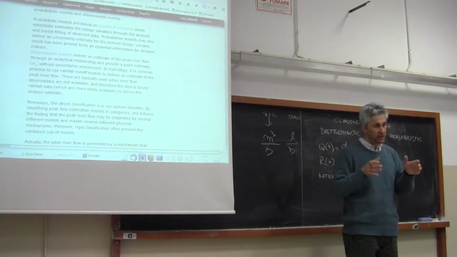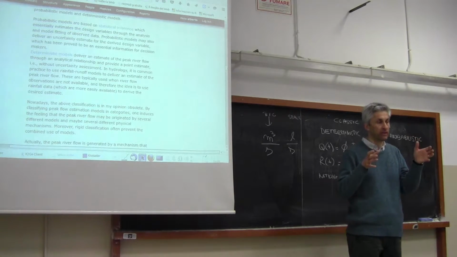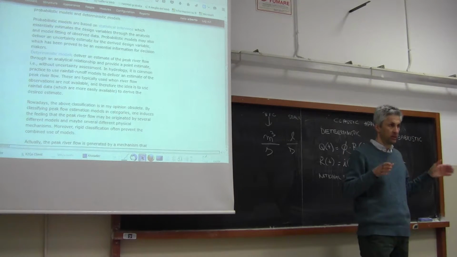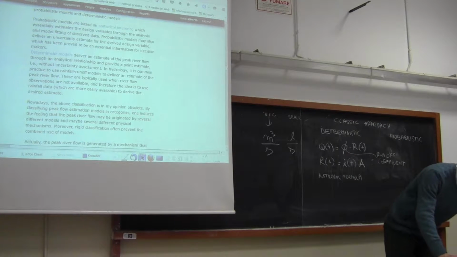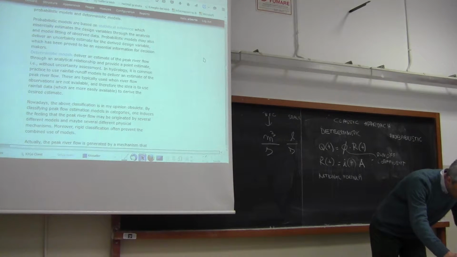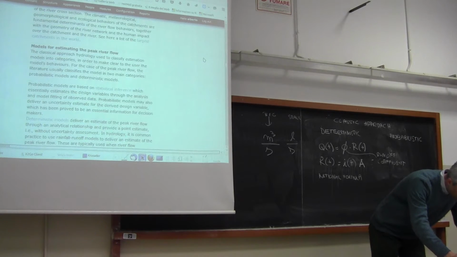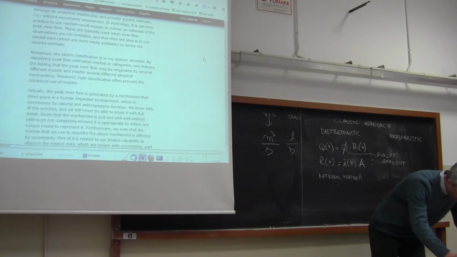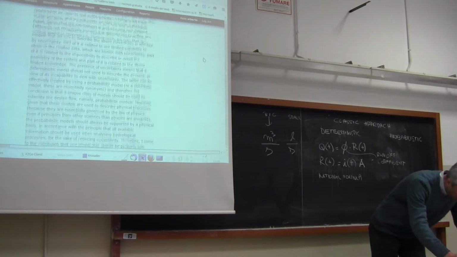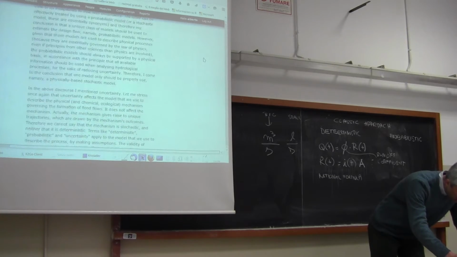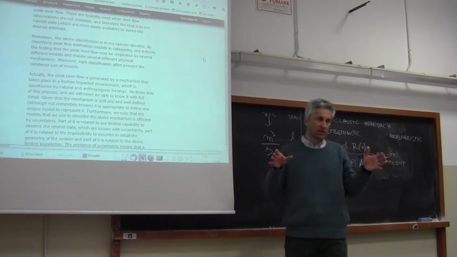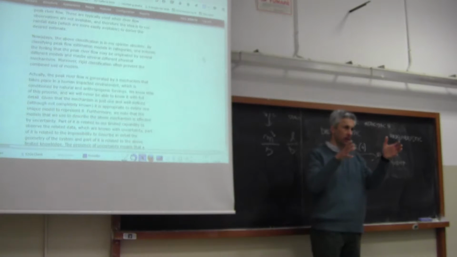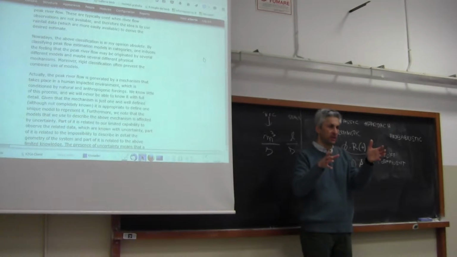Probability is the science that deals with random events. There are links with this definition. So basically statistics deals with the collection and analysis of data.